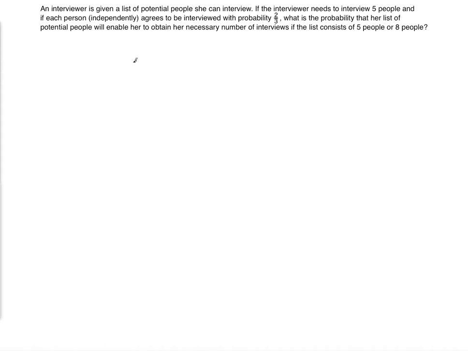So basically what we're going to be using is the summation from n starting from the r value up to infinity, of the probability that the random variable is equal to n, which is n minus 1 choose r minus 1 times p to the r power times 1 minus p to the n minus r power.